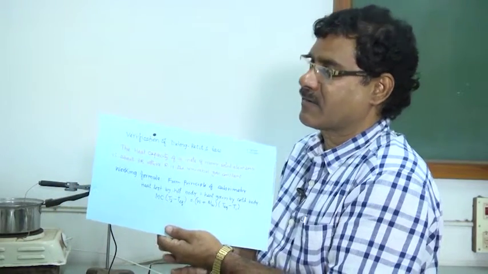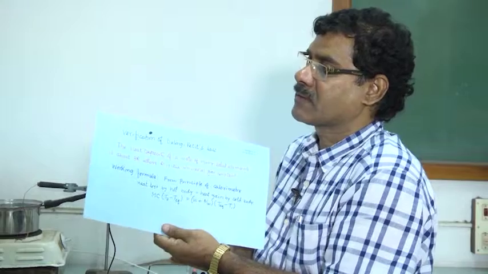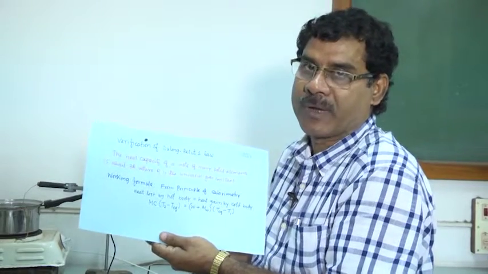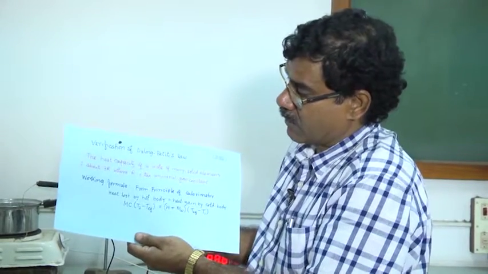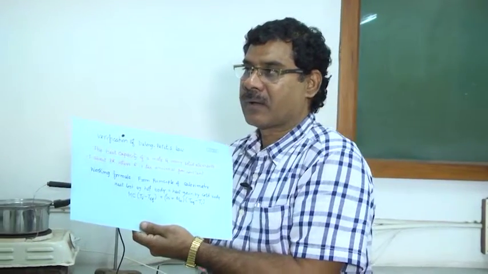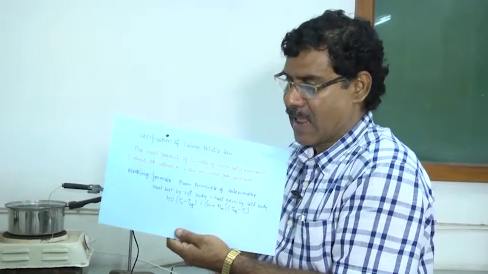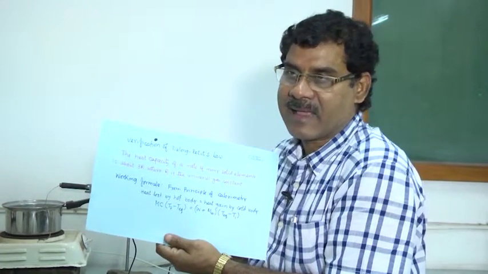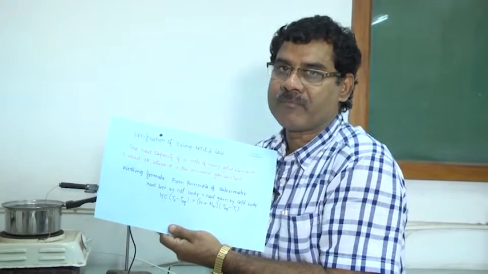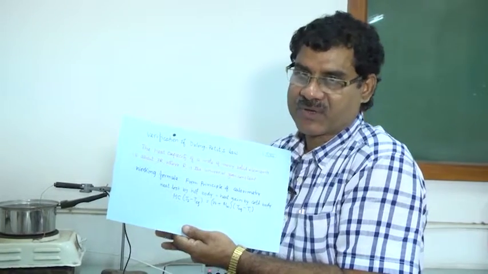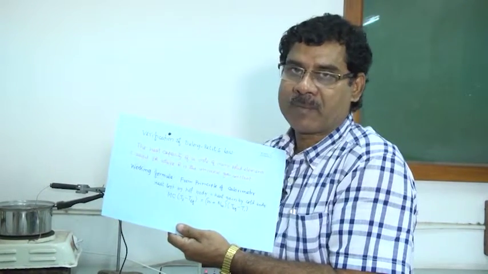When they are in contact, one is the hot body and the other is the cold body. So, one will lose heat and the other will gain heat, and then they will come to an equilibrium temperature.